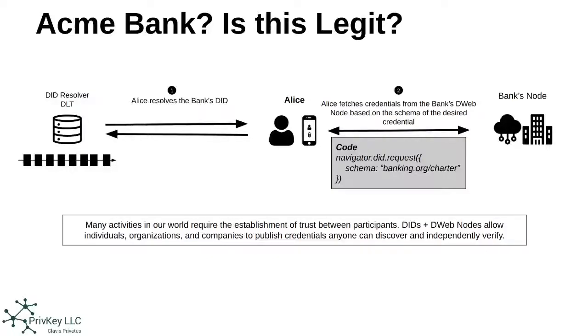DIDs and DWeb nodes allow individuals, organizations, and companies to publish credentials that anyone can discover and independently verify. By going to that bank and getting the public node through that very simple code exchange, Alice gets the legitimate public key of the bank, takes that to the blockchain, the distributed ledger, and verifies: does the signature match, basically.